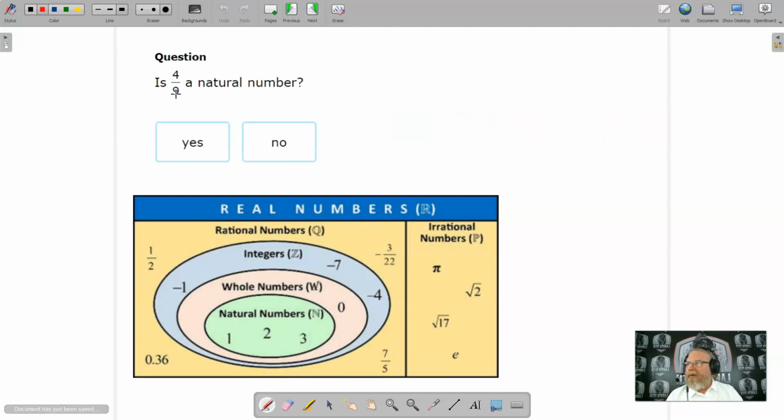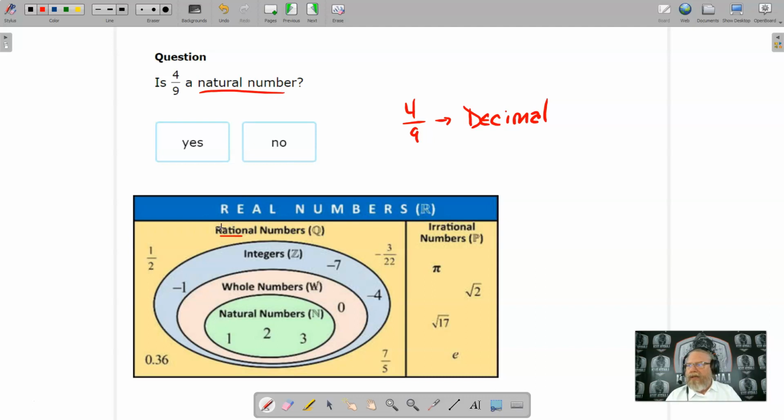How about 4/9? Is this a natural number? Well, 4/9, if we simplified 4 divided by 9, we would get a decimal number, right? Decimal, there we go. So decimal numbers are rational numbers. And the question is, is it a repeating decimal? Well, we really don't have to worry about that because they're asking, is it a natural number?